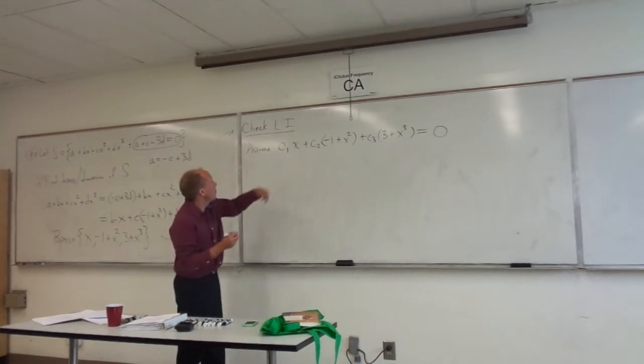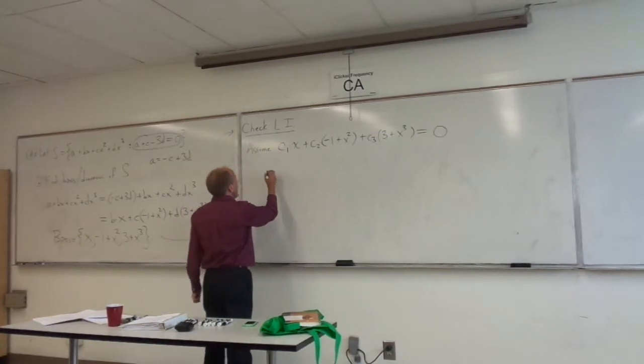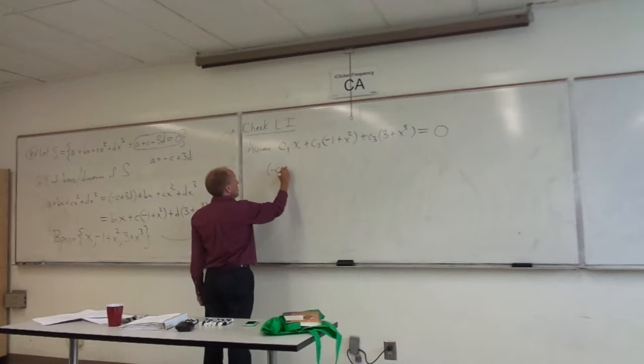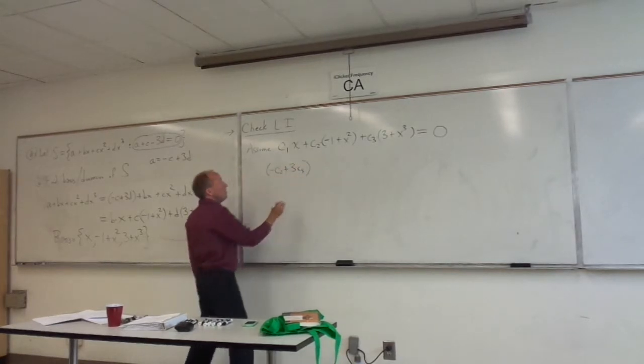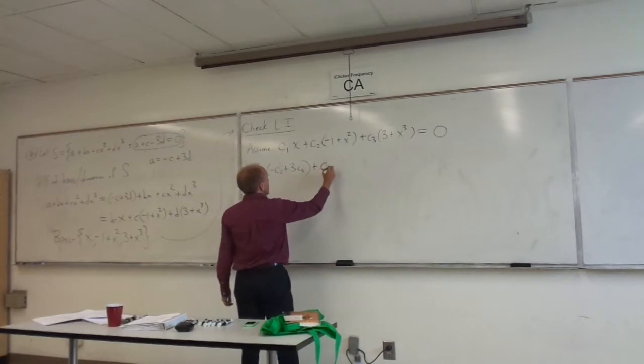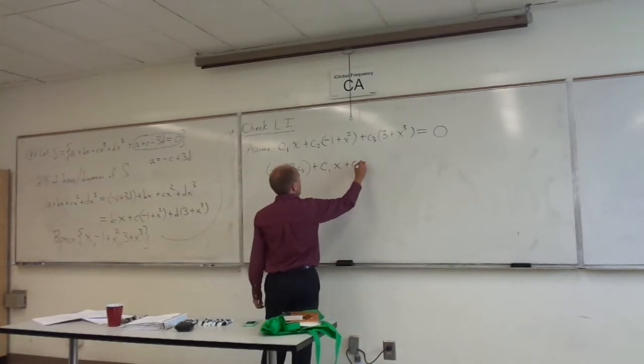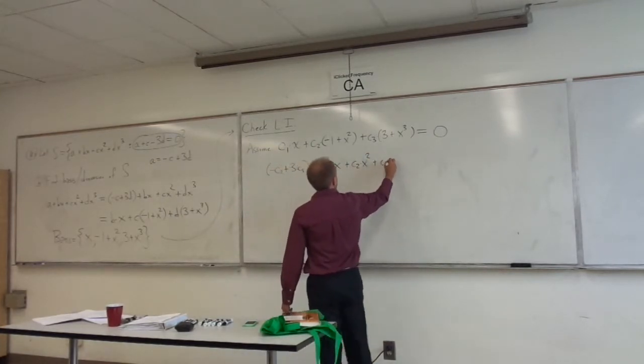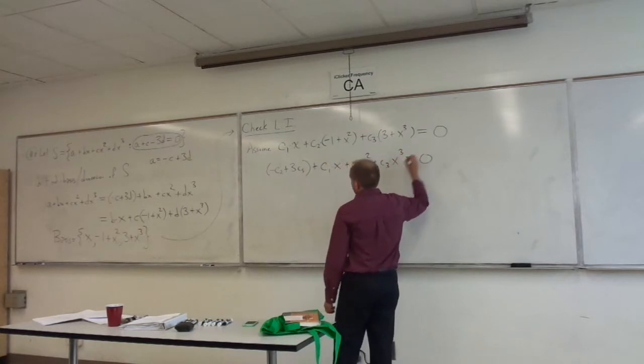Well, if you just multiply this thing out, you have a constant term, which is negative c2 plus 3c3. And then the x term is just c1. And the x squared term is c2. And the x cubed term is c3. So there's your equation.